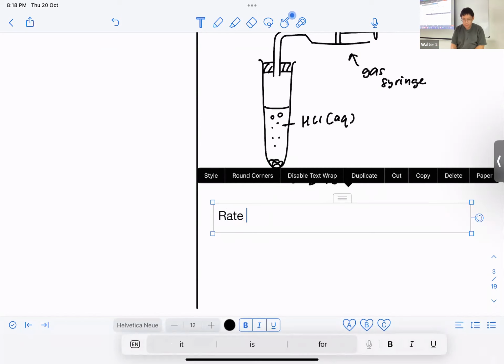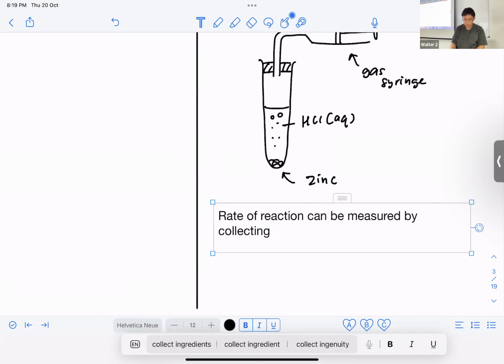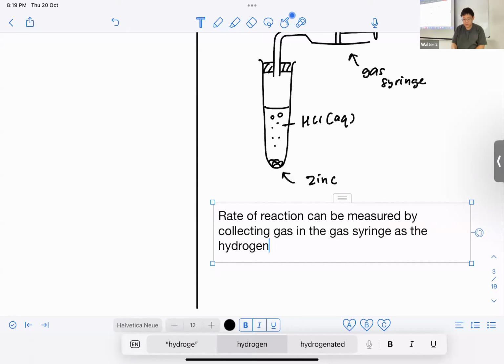So you say rate of reaction can be calculated or can be measured also, can be measured by collecting gas in the gas syringe as the hydrogen gas is released during the chemical reaction.